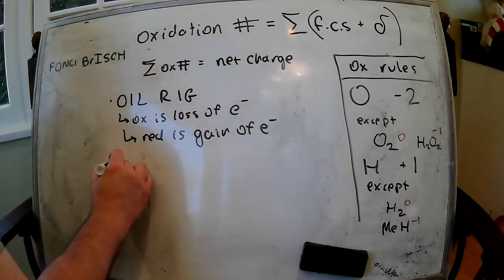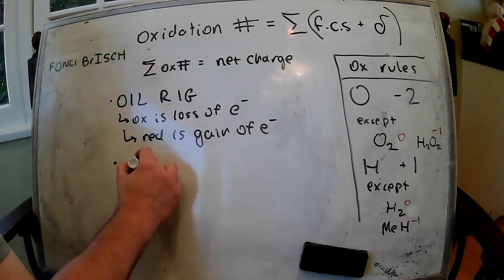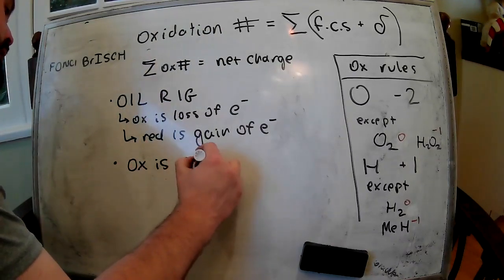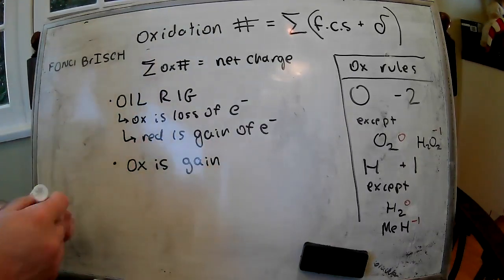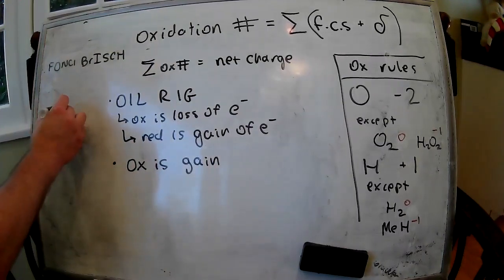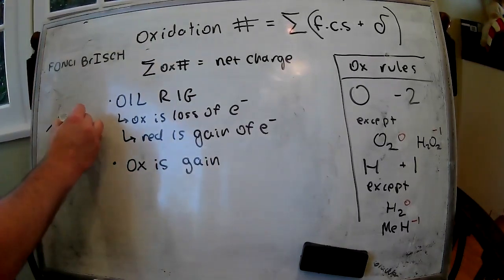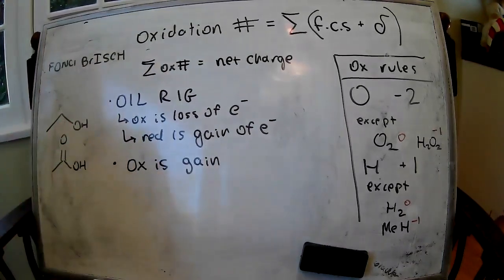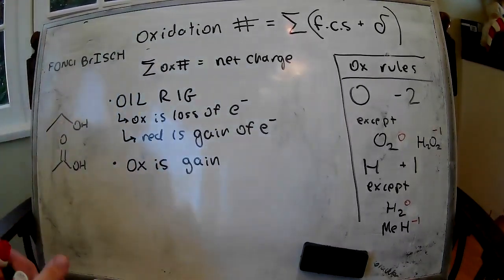We could also say that oxidation is gain, and this is going to be the more structural definition. For instance, when you're looking at a molecule like ethanol going to acetic acid, you don't want to be calculating oxidation numbers.